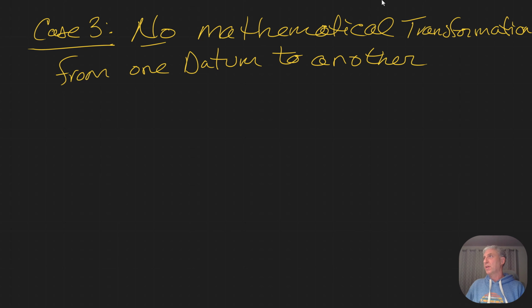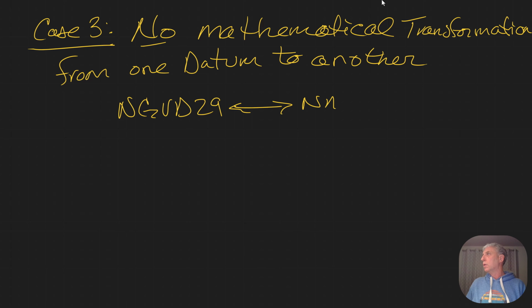So this would be the case with NGVD 29, which is, as we've discussed, an empirical database surface datum, and NAVD 88. So this transformation has no perfect mathematical bridge between them.